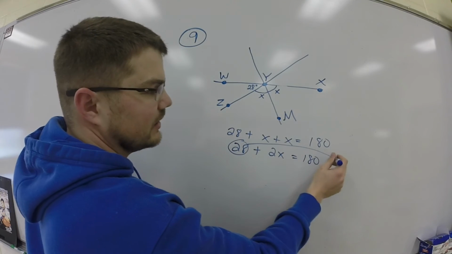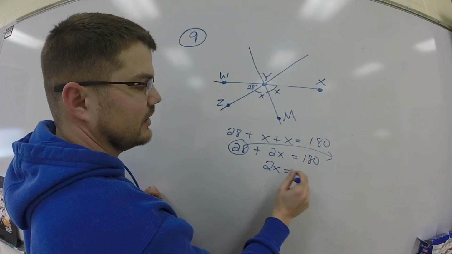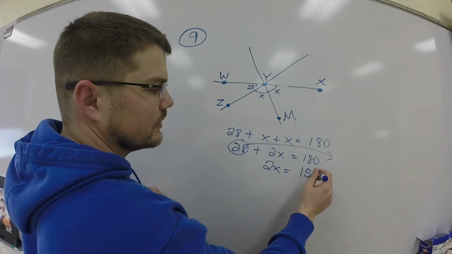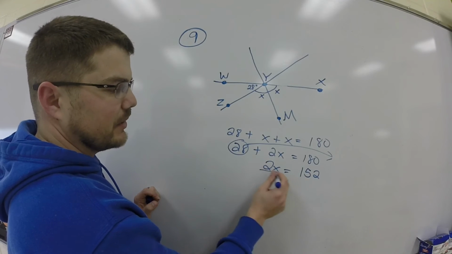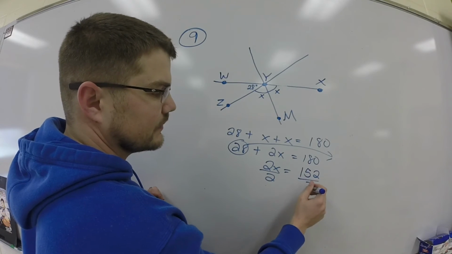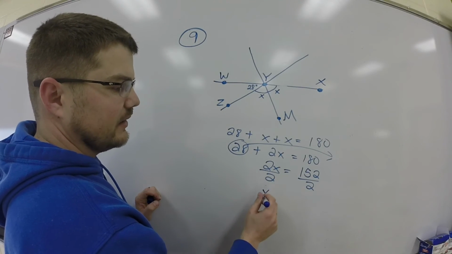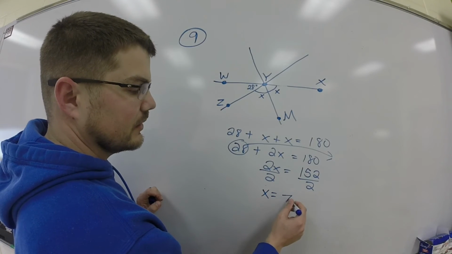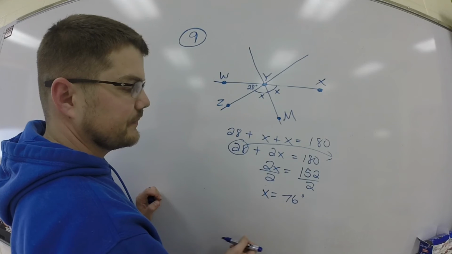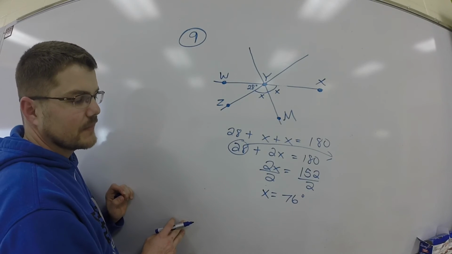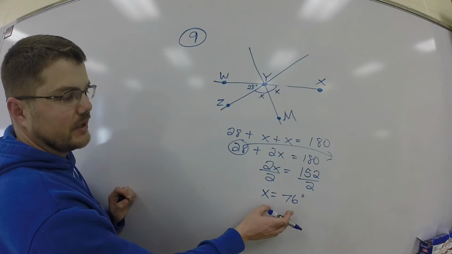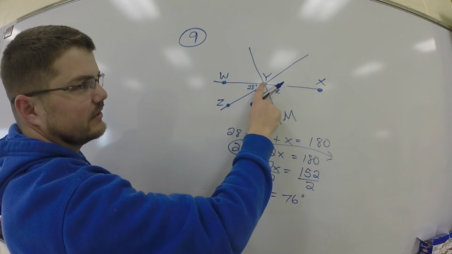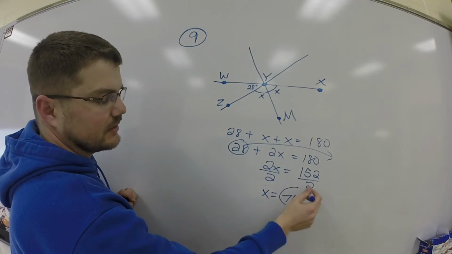Throw over the 28. So 2X equals 152. Divide by 2. X is going to be 76 degrees. Alright, so once we get X, that's going to be the measure of angle XYM, 76 degrees.